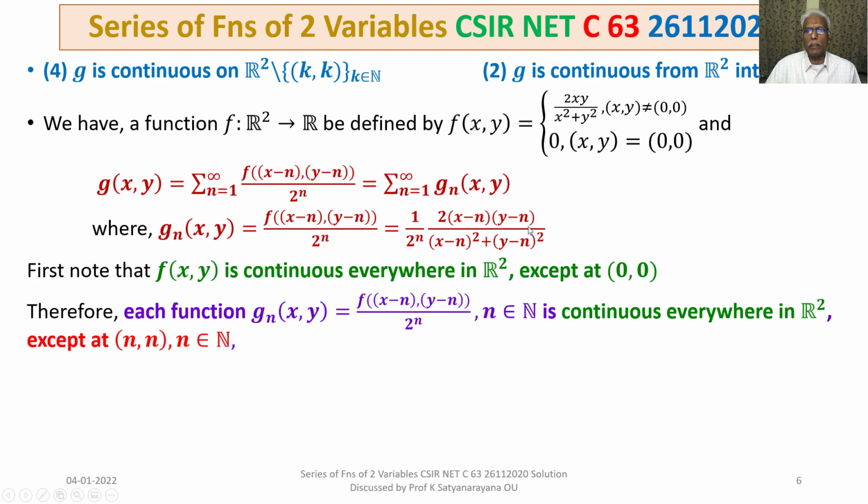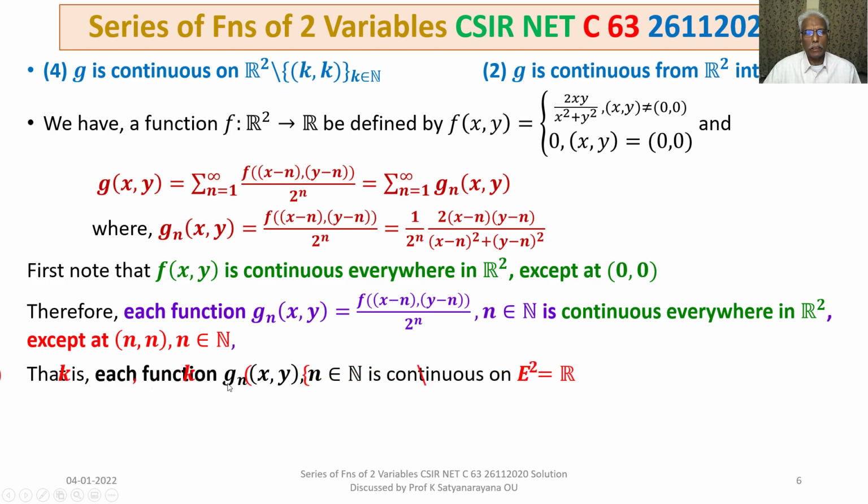So this will be continuous provided the denominator is nonzero. In the denominator, you have (x, y) = (n, n). There the continuity is lost. Therefore g_n(x, y), n belongs to N, is continuous everywhere in R² except at those points (n, n), n belongs to N.